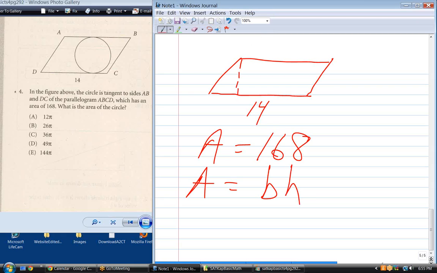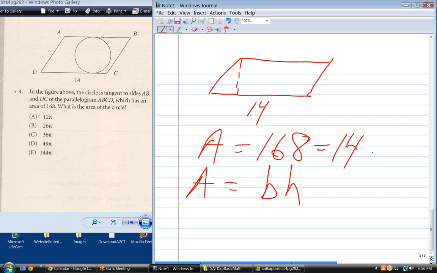So if the area is equal to 168, which is equal to 14 times the slant height, well, what else is the slant height relative to this circle? Well, not the radius, the height? It's the diameter.